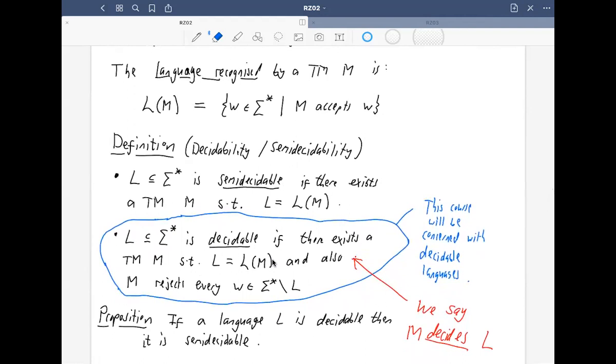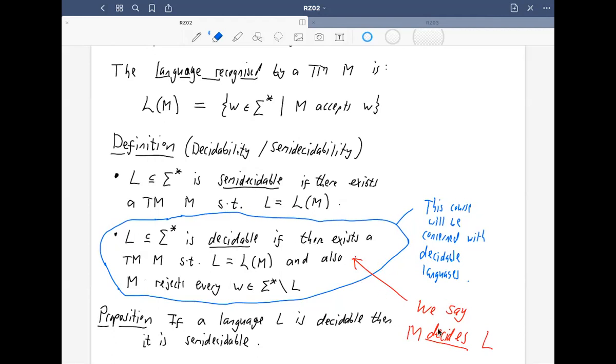And we say, very importantly, that a language, that is a set of words, is decidable if we can construct a Turing machine such that whenever we give it an input word, it accepts the word whenever that word is an element of this language set, and it rejects the word whenever the word is not an element of this language set. So we can use the Turing machine to tell us whether or not the input word belongs to the language set.